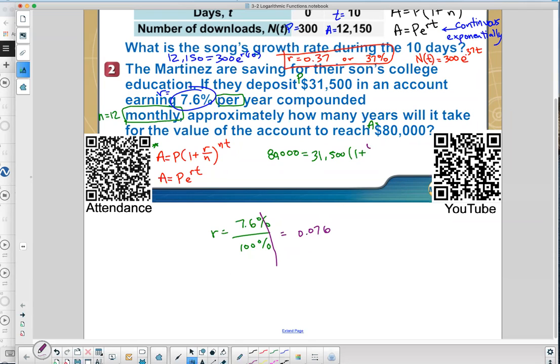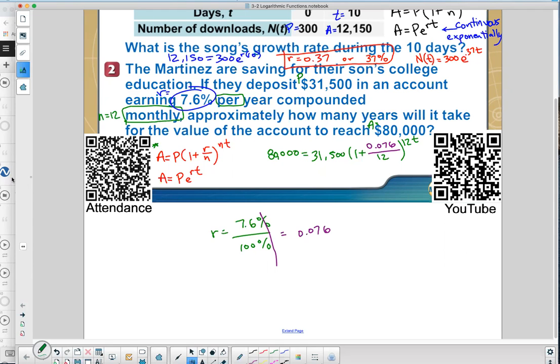So that's our rate over the n of 12. And this will be 12t. So there's our equation right there. That's if you were going to solve all this by hand. If the apocalypse hits and you have no more Desmos, no more Mathway, how are you going to solve this? You'd have to solve that by hand right there.